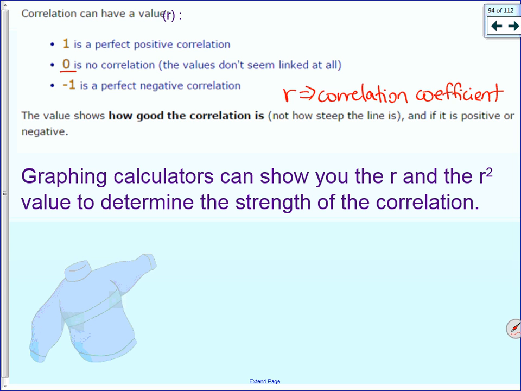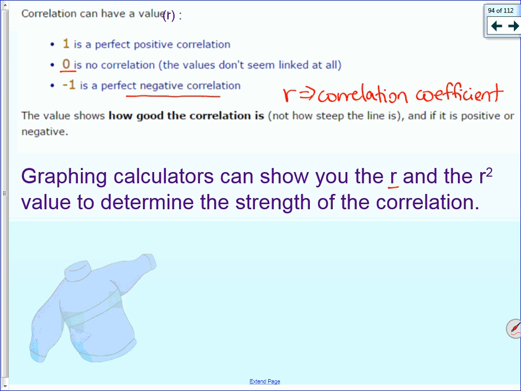If I wanted to do a study relating the amount of recreational drugs you do and your GPA, that would probably have a negative correlation. The more drugs you do, the lower your grades will be. So they can all work differently depending on what two pieces of data you're gathering.